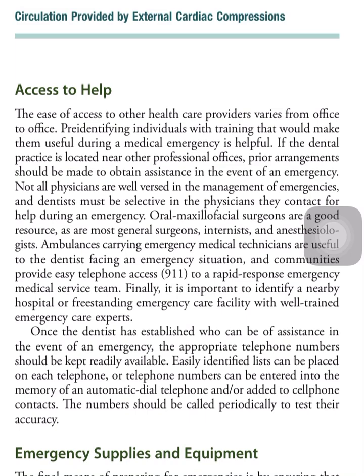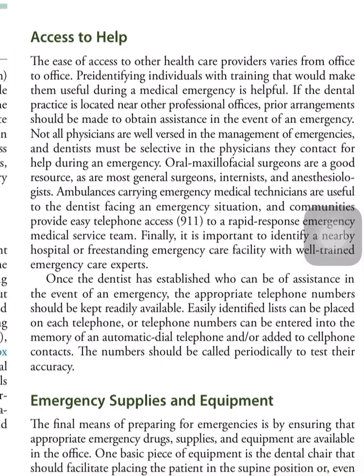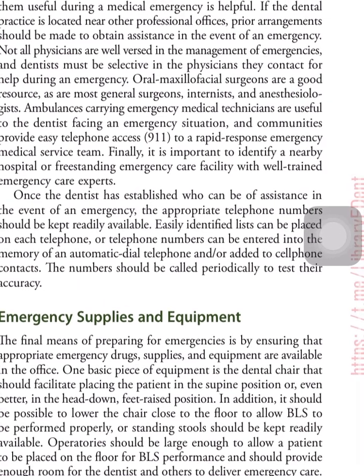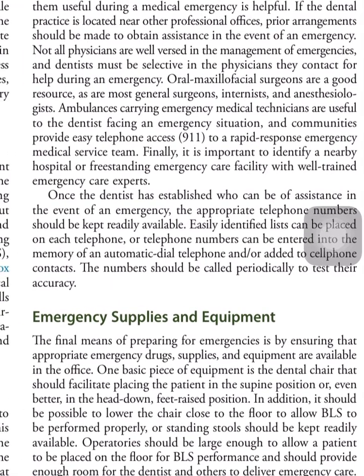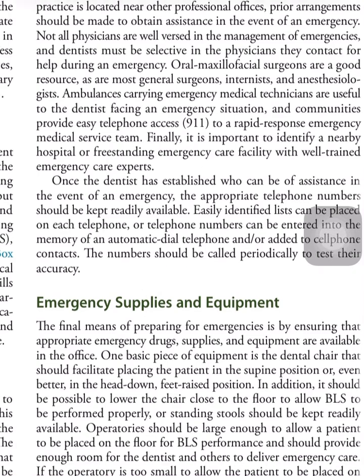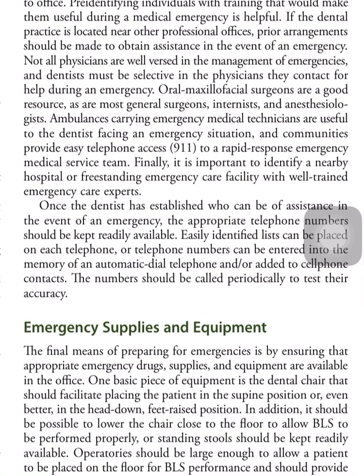And we have to keep the emergency phone numbers in the phone memory of your mobile contacts. It is something very basic that every dentist should learn and know. It is important for your clinical training, not so much for the theoretical part of the paper, but it is something we have to take care of.